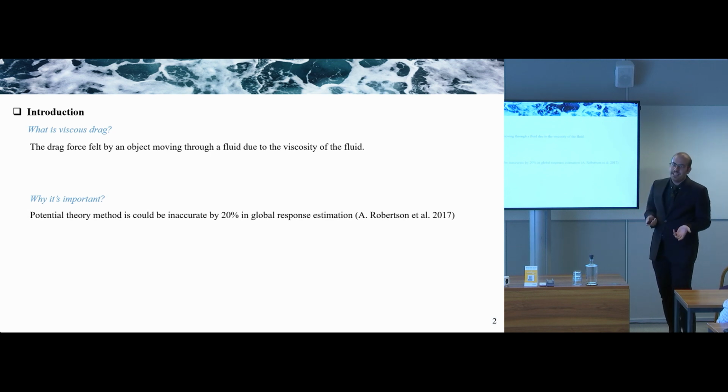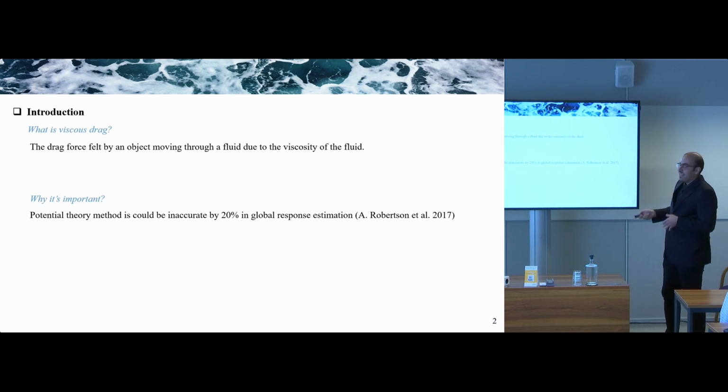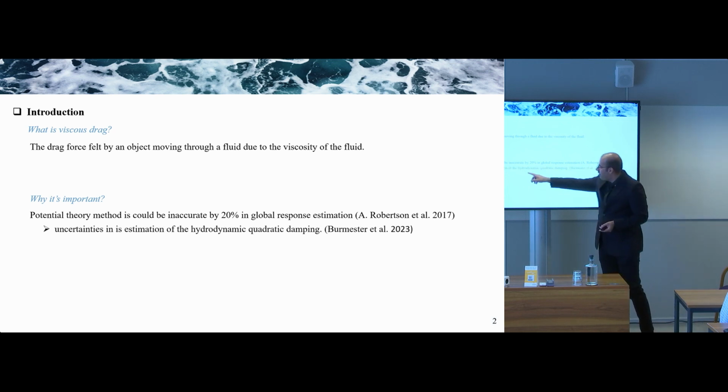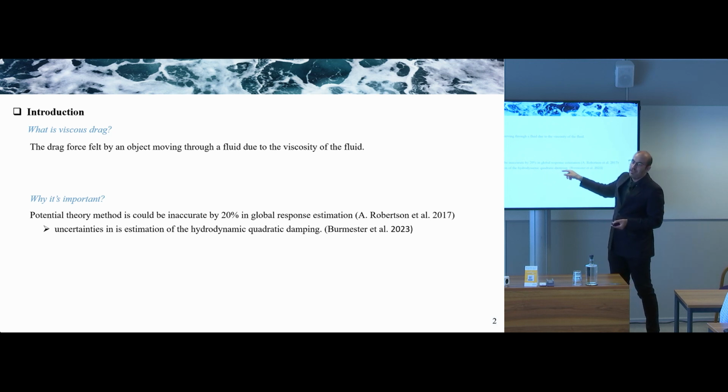Because currently engineering software uses potential theory in combination with the Morison equation, and this could lead to errors in the hydrodynamic response of up to 20%. The main uncertainty creating this error is the calculation of hydrodynamic quadratic damping.